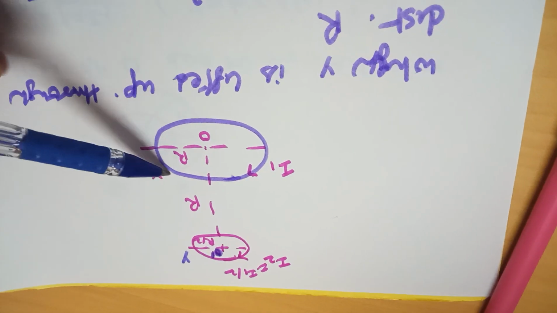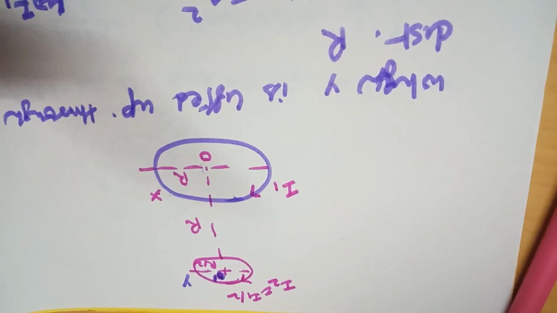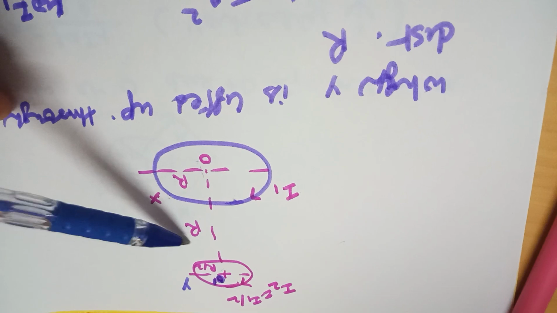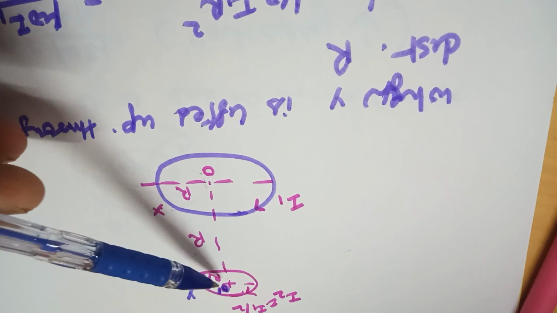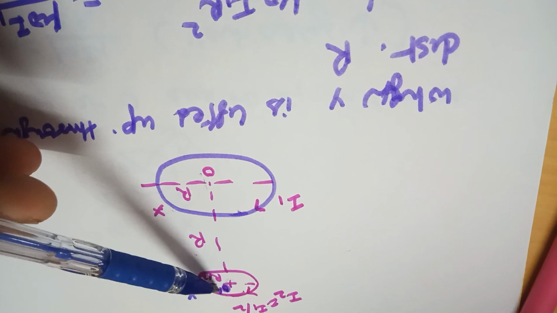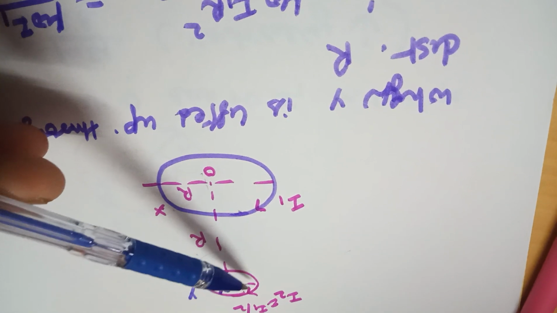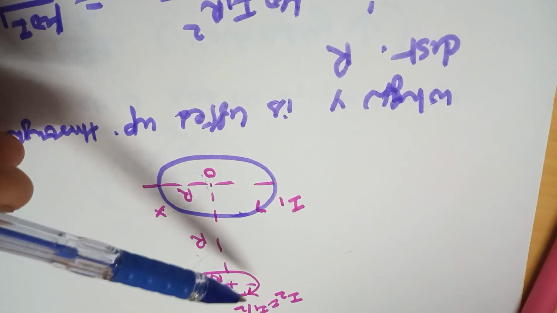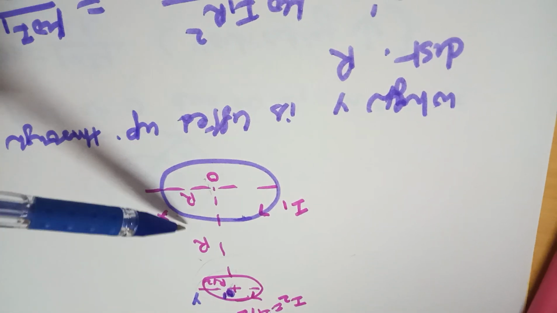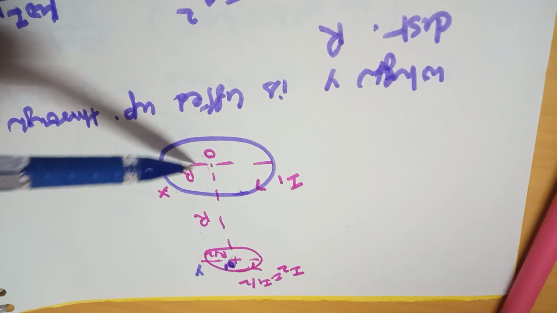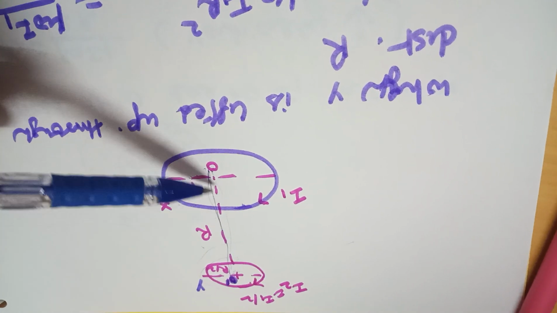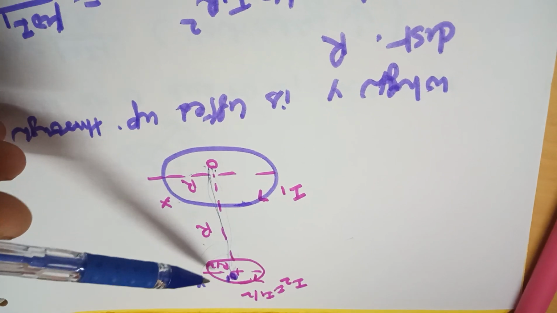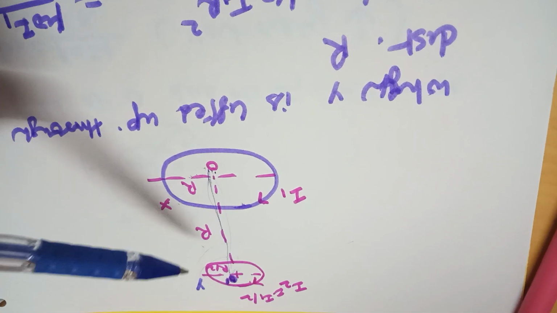According to the second part, when the coil Y is lifted up to a distance r, you have to find out the net magnetic field at the center O dash of the coil Y due to the current flowing in the coil Y and the coil X. First of all, this is the distance r through which you have taken Y in the upward direction.